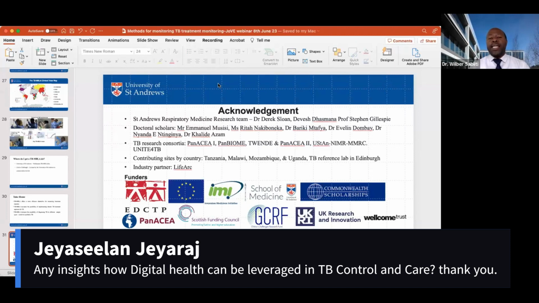So if this data is gathered from different facilities and well managed in databases, then analysis and modeling can be done, in which case biomarkers can be developed to say, okay, if somebody has a bacterial load of this amount, then they are at risk of relapse or they are at risk of failing treatment. So I agree, digital health is critical in terms of getting that critical mass of data that can inform modeling and also the use of artificial intelligence.